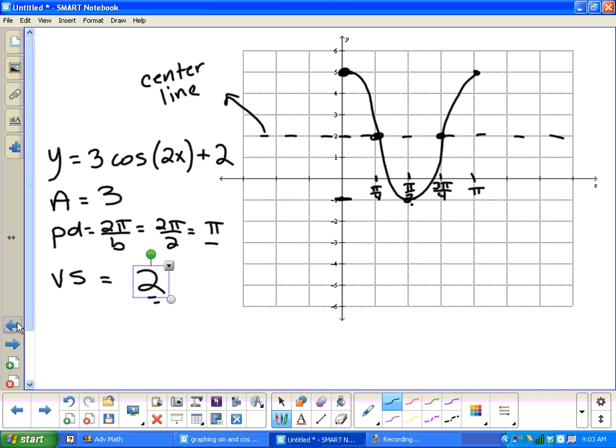Yes, exactly. Y'all kind of see what she's seeing? That's perfect. 2 is the new x-axis. When I have a vertical shift, that's the very first thing I look at. So I go to 2, and then from 2, I'll go up and down 3 units. If I'm at 2 and I go up 3 units, that puts me at 5. And if I'm at 2 and go down 3 units, that puts me at -1, right?